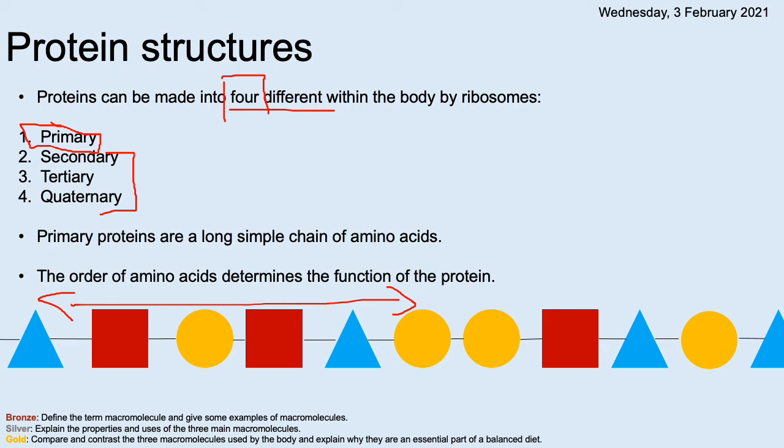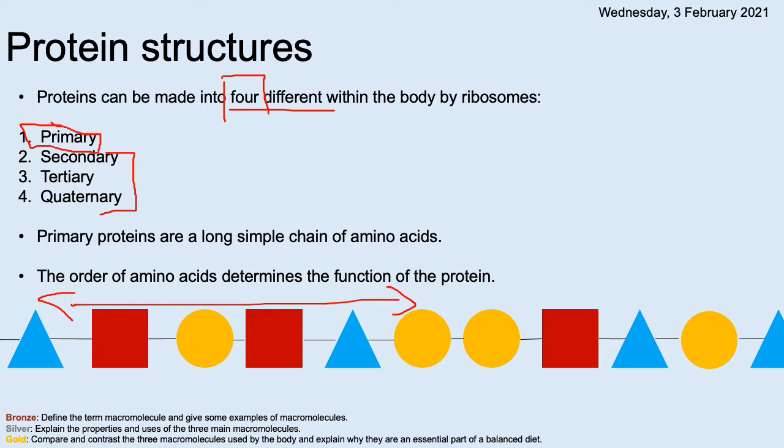So the order of amino acids determines the function of the protein as well, and this is essential. So this means that there must be a specific sequence to the primary protein structure in order to get a certain protein in the end.